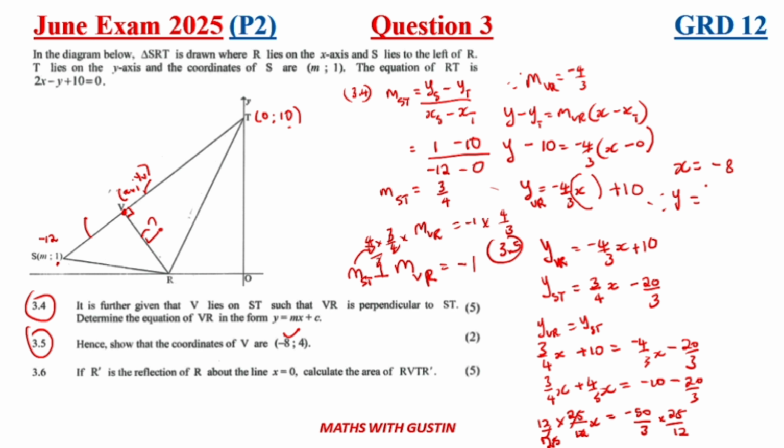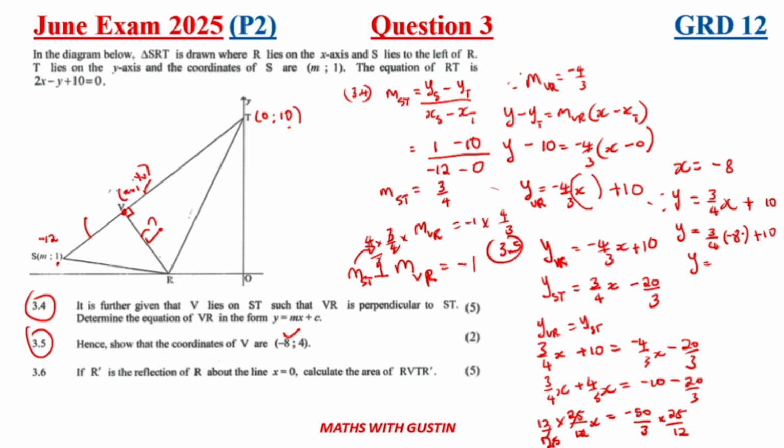So therefore we choose one equation where we can substitute. I'm only going to choose this one where we can substitute and get the value of y. So you can say 3 over 4 x plus 10. Then we substitute the x value here, 3 over 4 and minus 8 as our x value, plus 10, is going to give us what? 4 goes into 8 how many times?